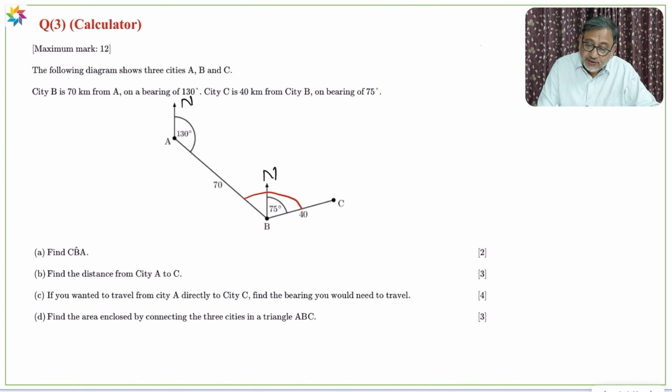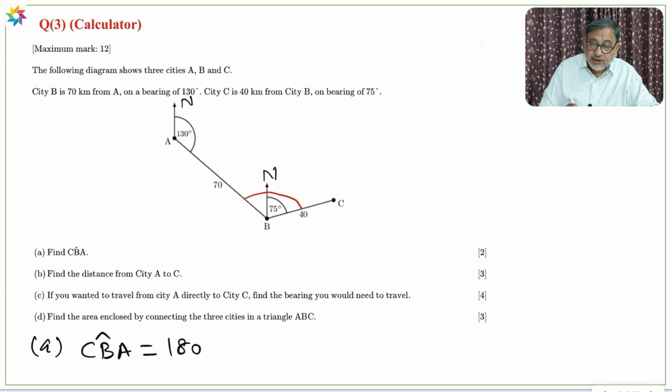Now this angle, look here, this angle plus this angle makes 180 because they are allied angles. So internally they are making allied angles 180 degrees. So first part we will write, let me write it with black, CBA, right?